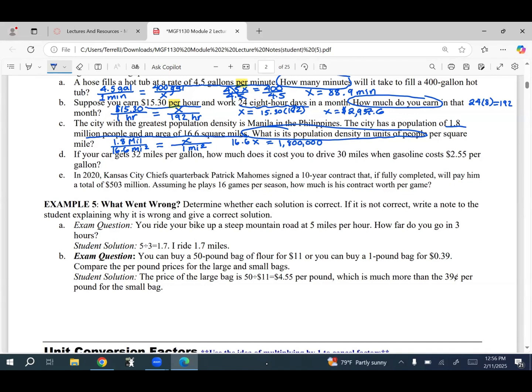So 1.8 million times 1 is just 1,800,000. To solve for x, divide both sides by 16.6. And then if you do that, you should get 108,434 people.